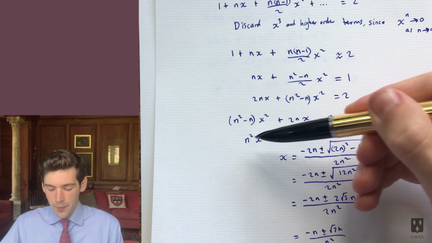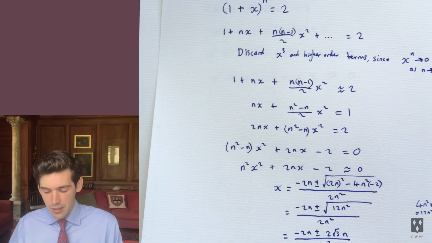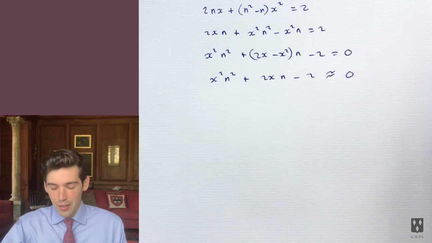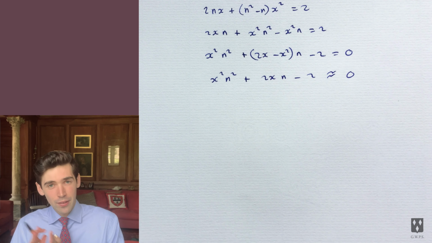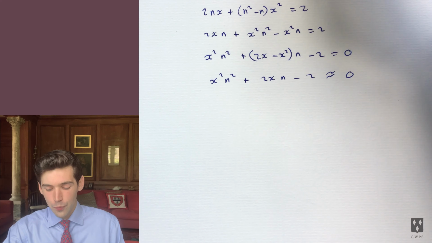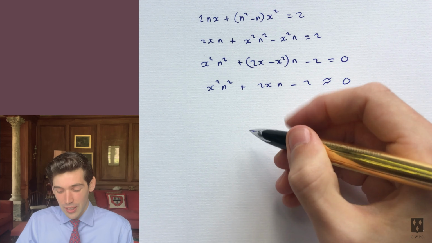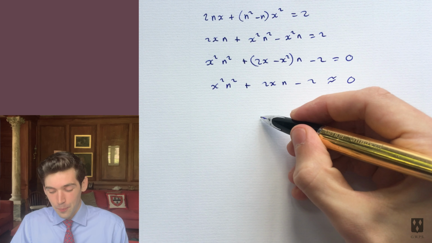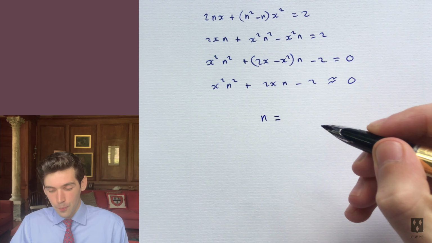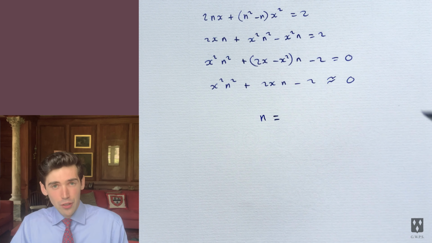If you look at this one here, that's literally the same as this one here. We've just written the x and the n in the other order. And so you could actually here not even bother doing the work because we've done the work, and literally just write down that n equals what we had before, but we're just switching the x and the n around.